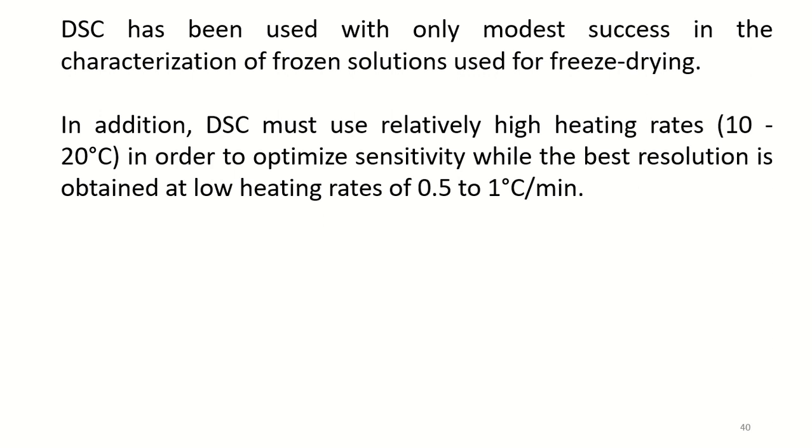The transition temperature sometimes is also known as the glass transition temperature. Therefore, knowledge of this structure and how it changes with time and temperature is required for successful drying.